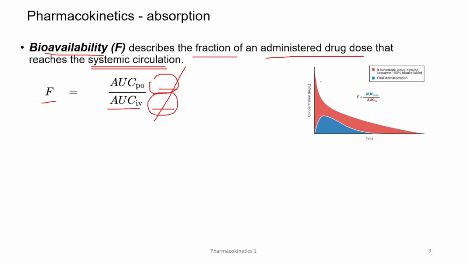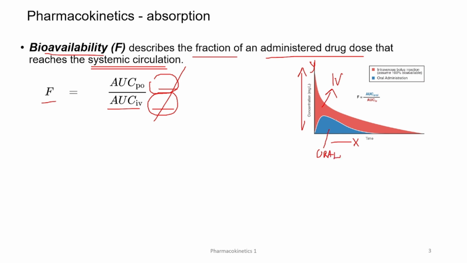When we give the same oral and IV dose and we try to calculate the area under curve, concentration is on the y-axis and on the x-axis we have time. This red color is for IV, area under curve, and the blue one is indicating oral, area under curve.